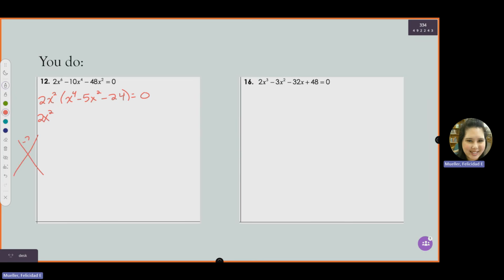So for negative 24 and then negative 5, we're going to do 3 minus 8. So this becomes x squared plus 3, x squared minus 8 equals 0. And that is all the factoring I can do.